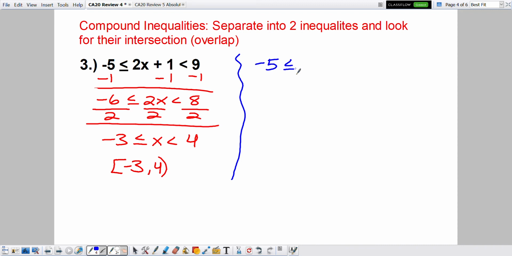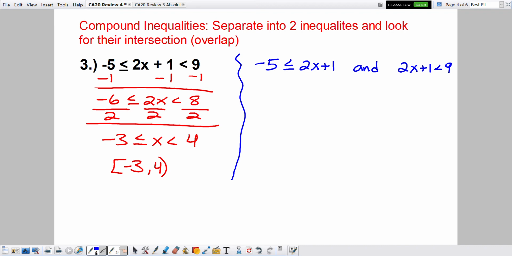So -5 is less than 2x plus 1, and, for intersection, 2x plus 1 is less than 9. And so you have basically two inequalities. And so really you're looking for when are both of these going to be true at the same time.